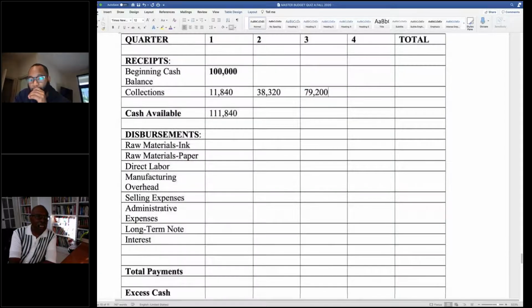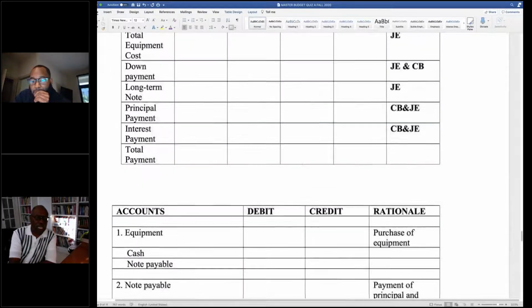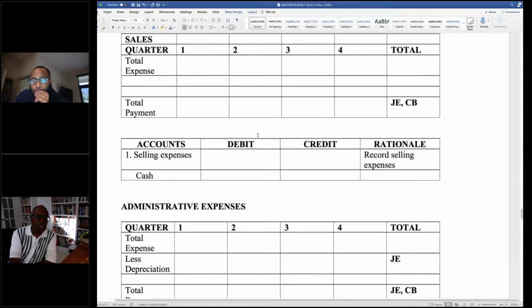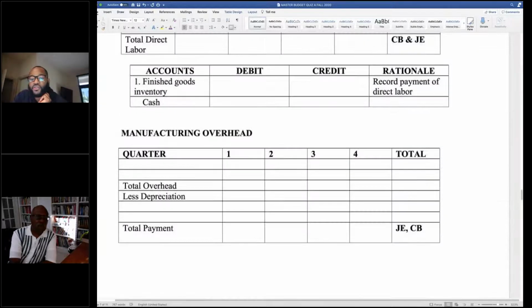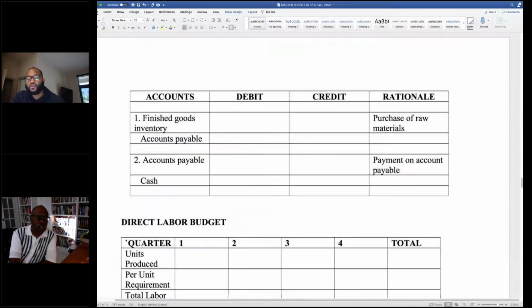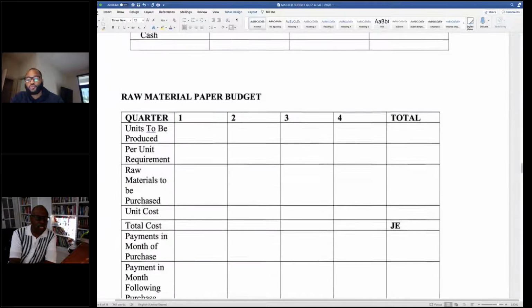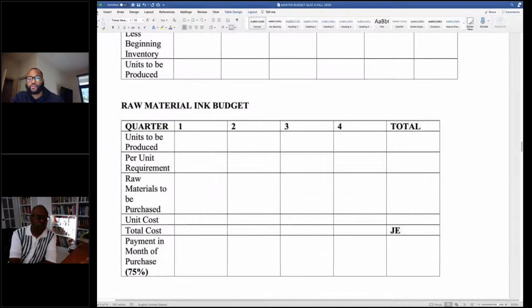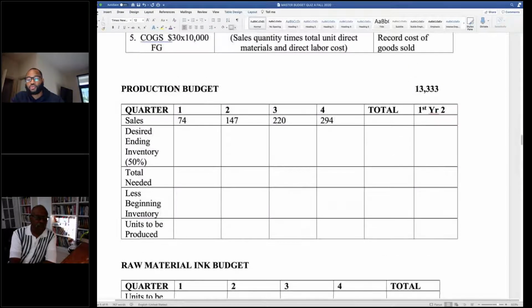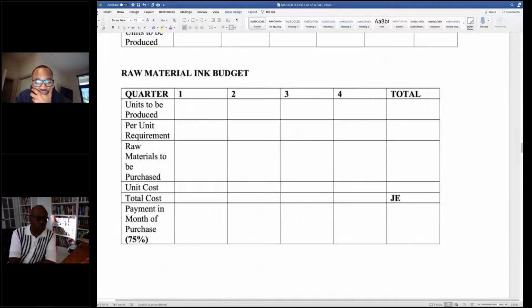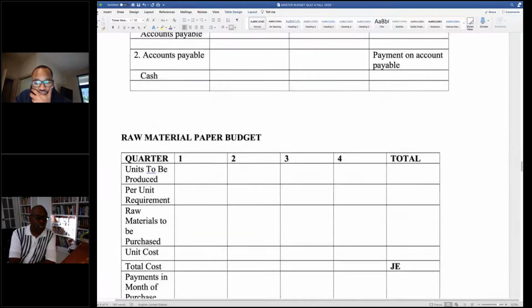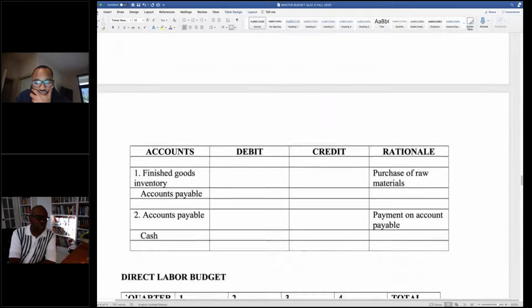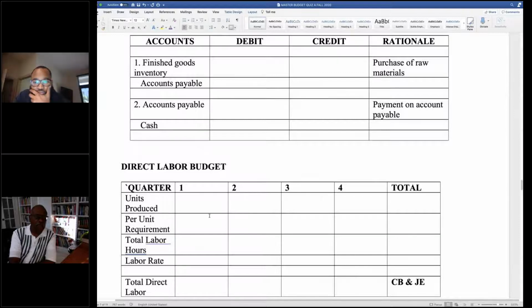The starting point is to do the production budget so we see how much we have to produce. Once we do the production budget, then we can do raw materials, and the labor.